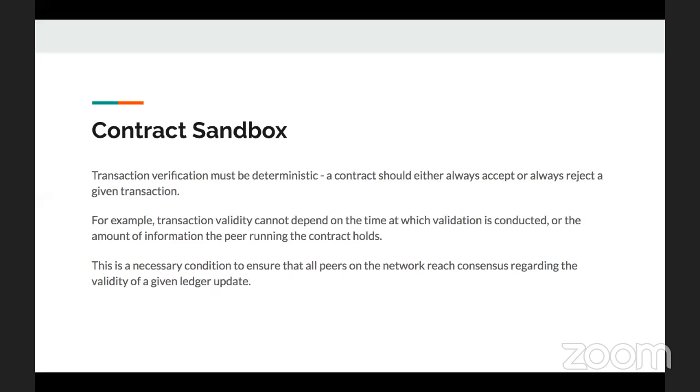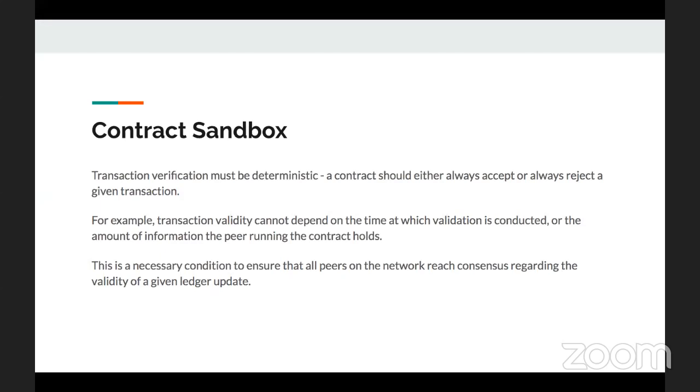The transaction validity cannot depend on the time at which the transaction is conducted, so you want to completely shield it from any temporal or time-sensitive effects, or the amount of information on the peer running the contract. This is very important, especially when you are implementing advanced cryptographic libraries, time independent. Like we talk about the concept of delegating computation, right? You want to delegate some computation to some parties.